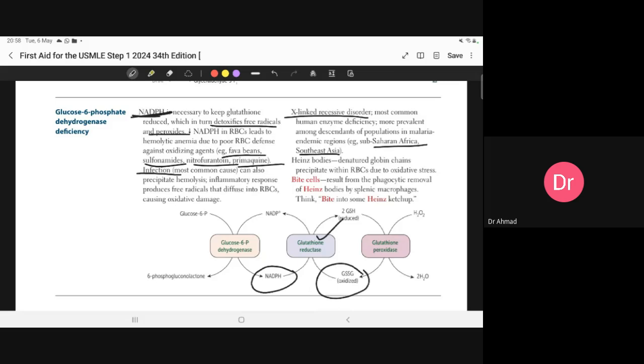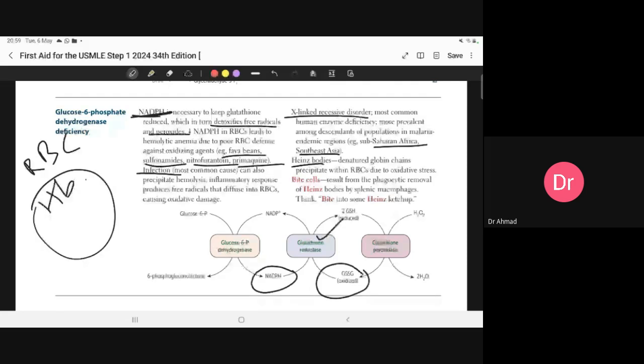This can sometimes help you, but generally it's very obvious when it shows up in your question. They can literally give you a histopathology slide and ask what these are. So these are your Heinz bodies. This is your RBC, which is composed of hemoglobin.